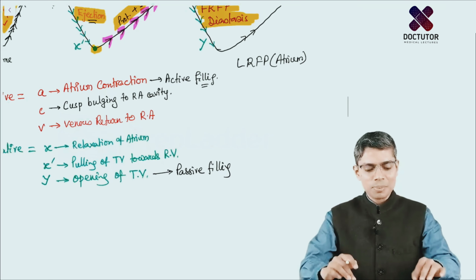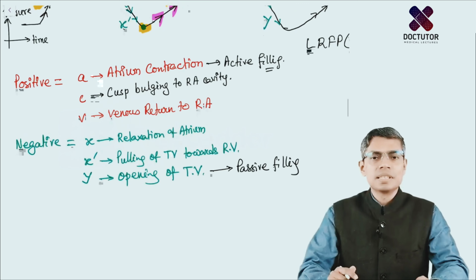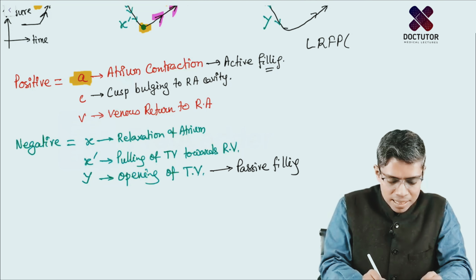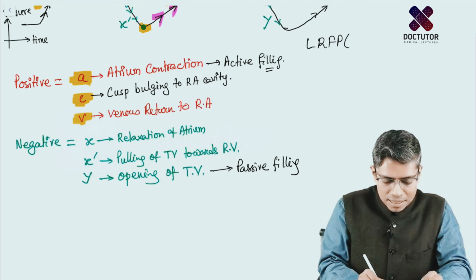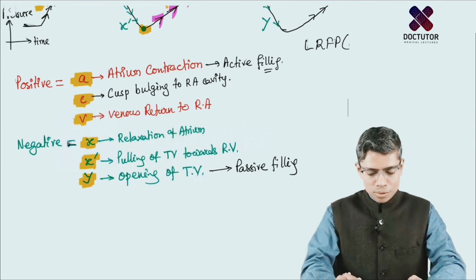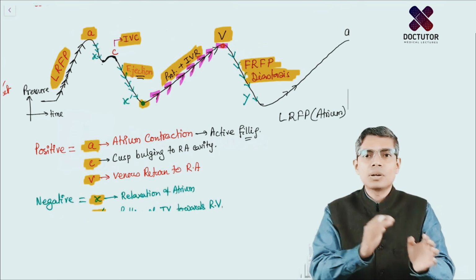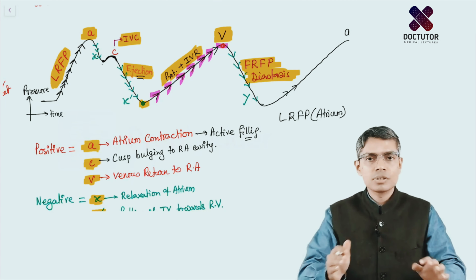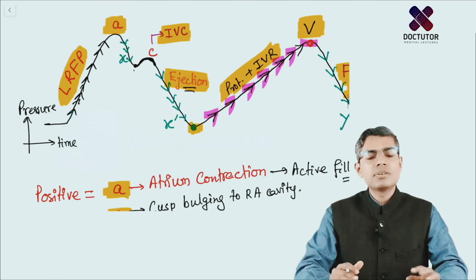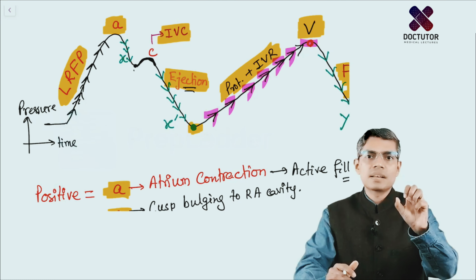This way you have to remember the different waves in the JVP, the positive waves and negative waves. Positive waves are A, C and V, and negative waves are X, X dash and Y descent. And I told you how to read the JVP along with the cardiac cycle, otherwise you will not be able to corroborate. If you read like this, then you will be able to understand that the A wave is due to atrium contraction.